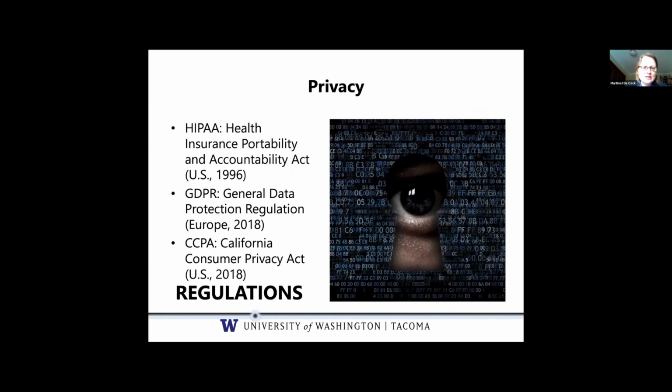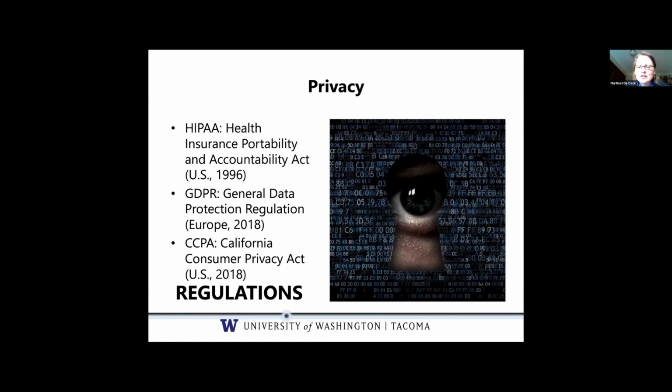Now, a challenge is that to work well, these machine learning systems consume a lot of personal data, like our web browsing history, or purchase history, or medical records, and so on. And the need to protect people's privacy is resulting in new laws that restrict what can be done with people's data.